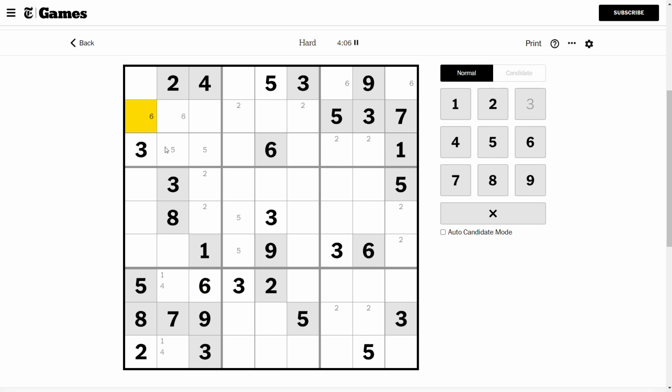Actually, I see that in block 4, the digit 6 is forced into column 1 because the 6 points left and the 6 points up. This eliminates 6 from this cell. Now, all of these 6's force the digit 6 into this cell in block 1.